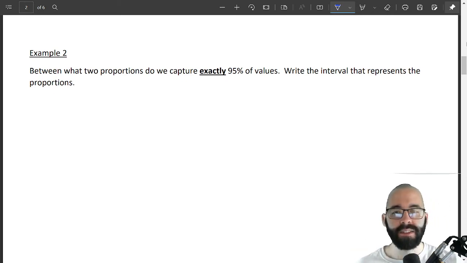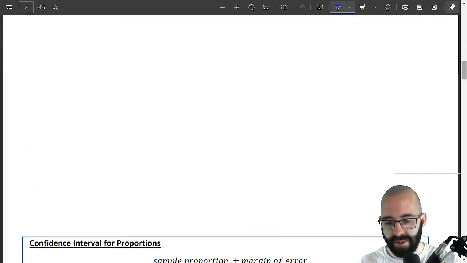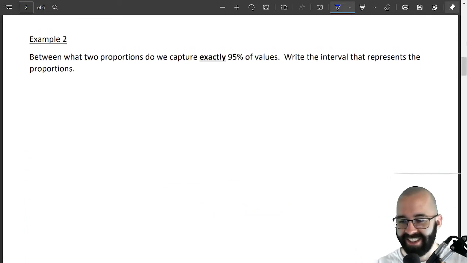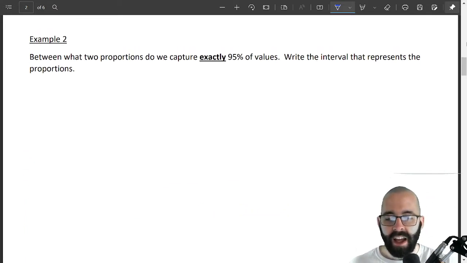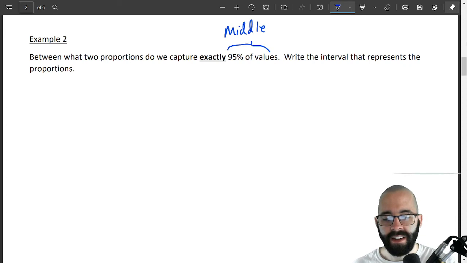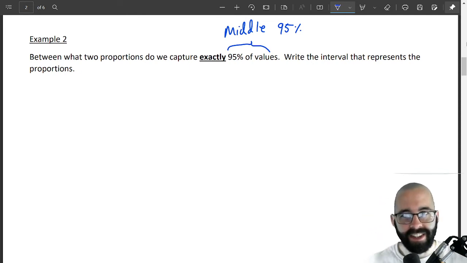All right, so this was approximate, we're curious about the interval that does exactly these ones. Let's not jump the gun. This is asking for the middle 95% of data. It's tying into the previous units.